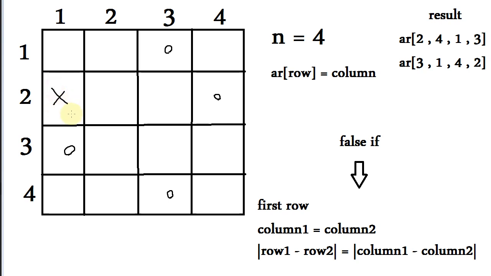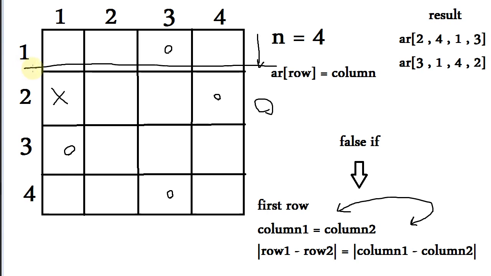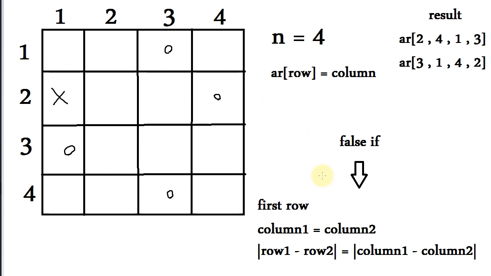We put the column, the queen in here, the candidate in here, and our code always starts these checks, these two checks, from the first row, top to bottom, until here, not here, up until here. So our check is only from the first row.